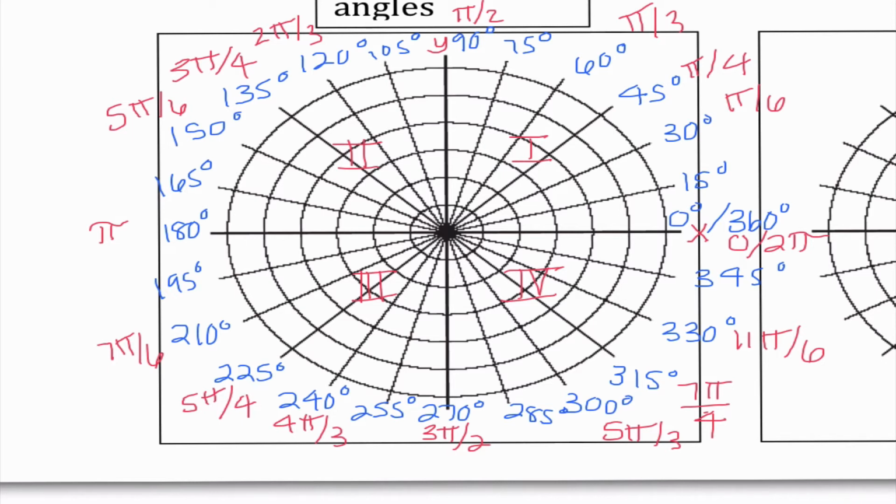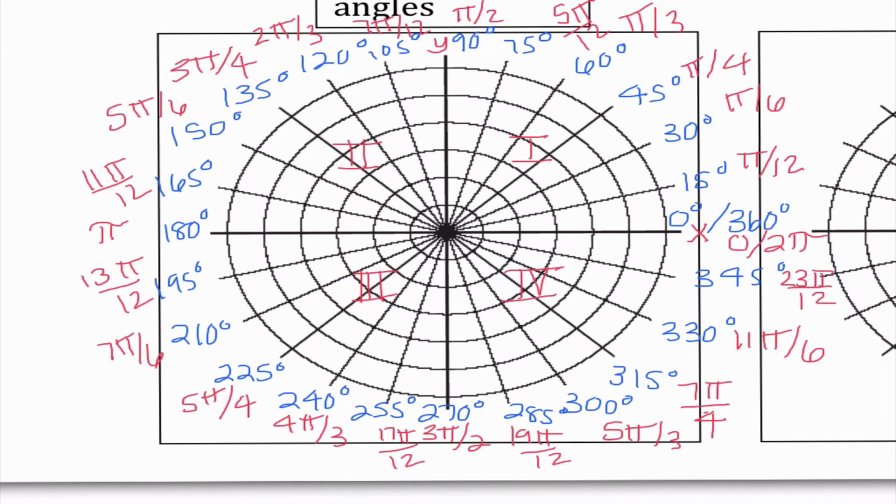Our final ones, we would have pi over 12, 5 pi over 12, 7 pi over 12, 11 pi over 12, 13 pi over 12, 17 pi over 12, 19 pi over 12, and 23 pi over 12.